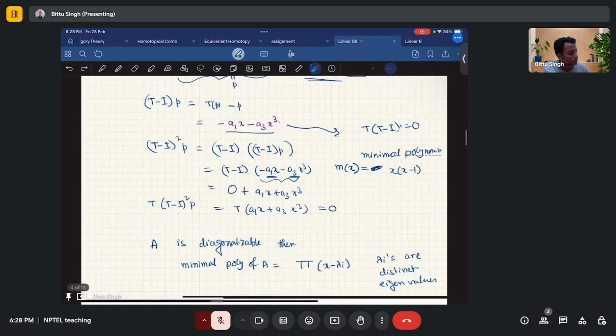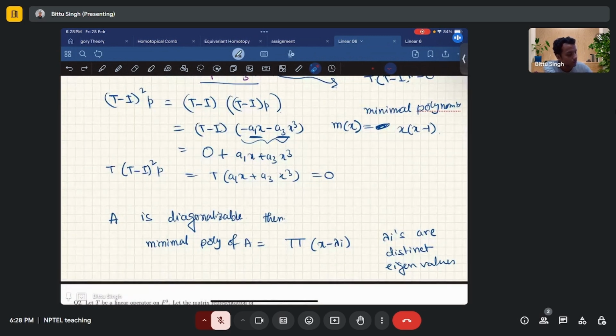So for this example, or for question number 1, the minimal polynomial of A is the same as (x - 0), one eigenvalue, and (x - 1).